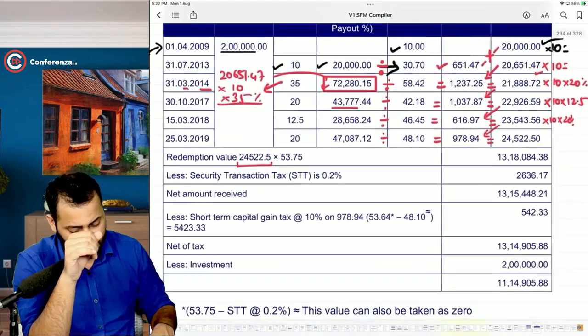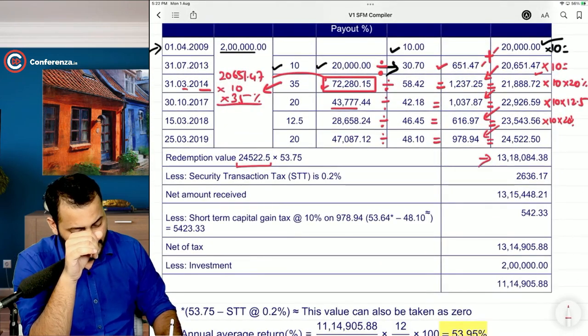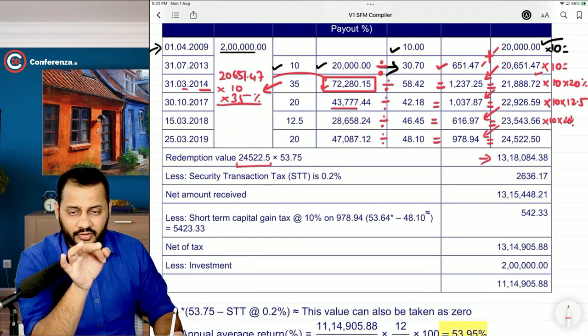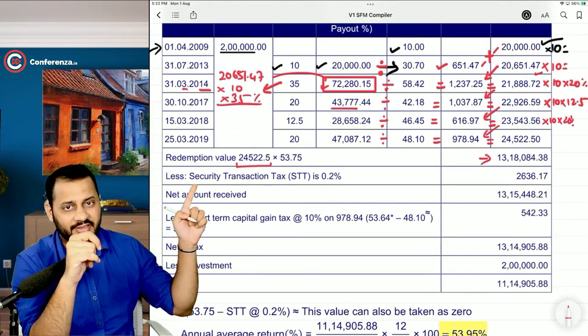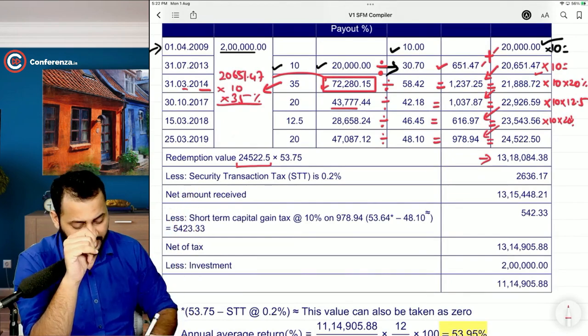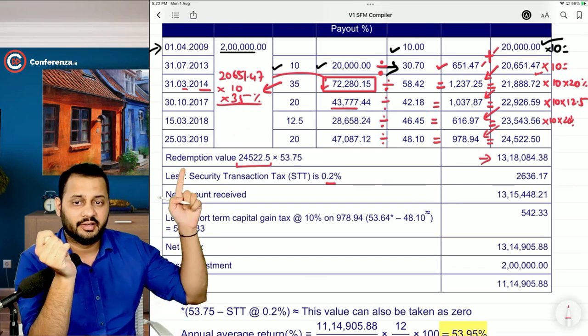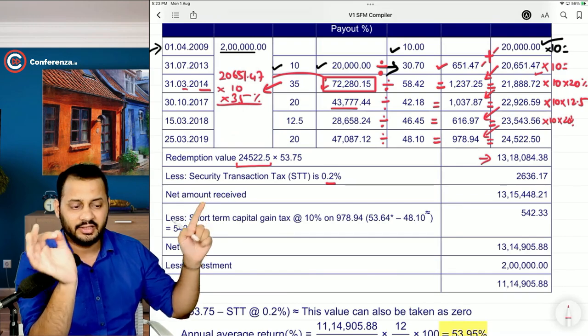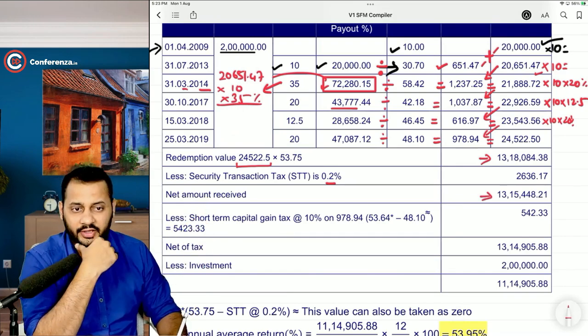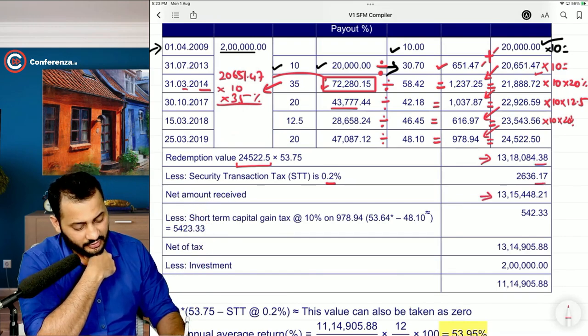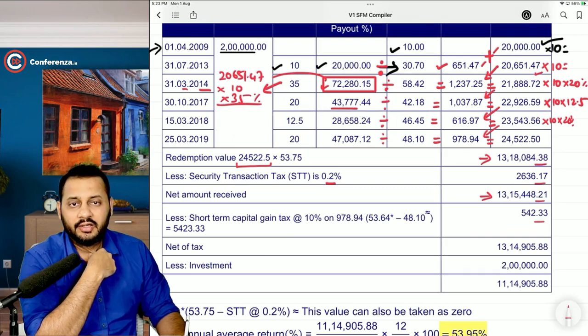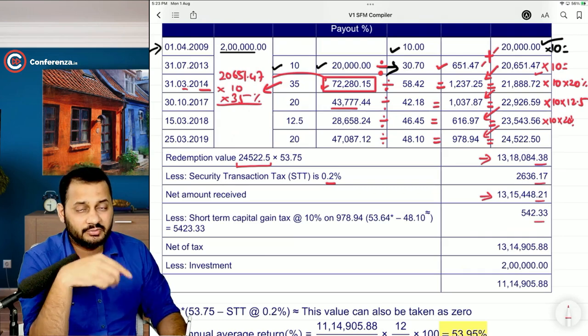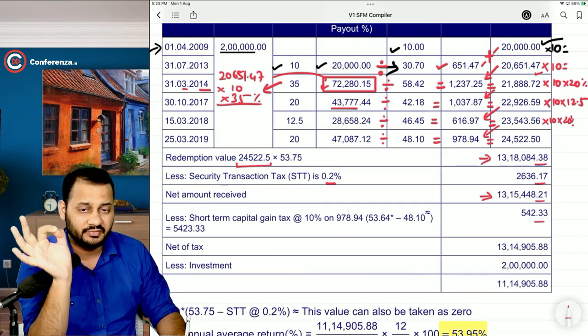So the total selling value comes to 13,18,084. But you will have to pay the securities transaction tax at 0.2% on the redemption value. So the net amount to be received is 13,15,448. Make sure that you are doing all the working in 2 decimals, because it is written in the question specifically.